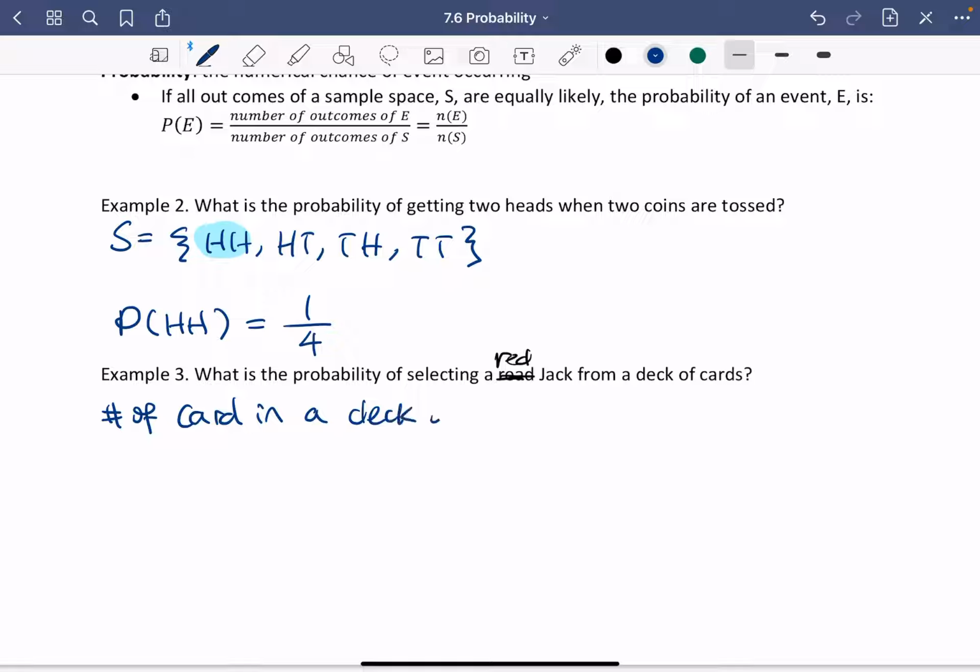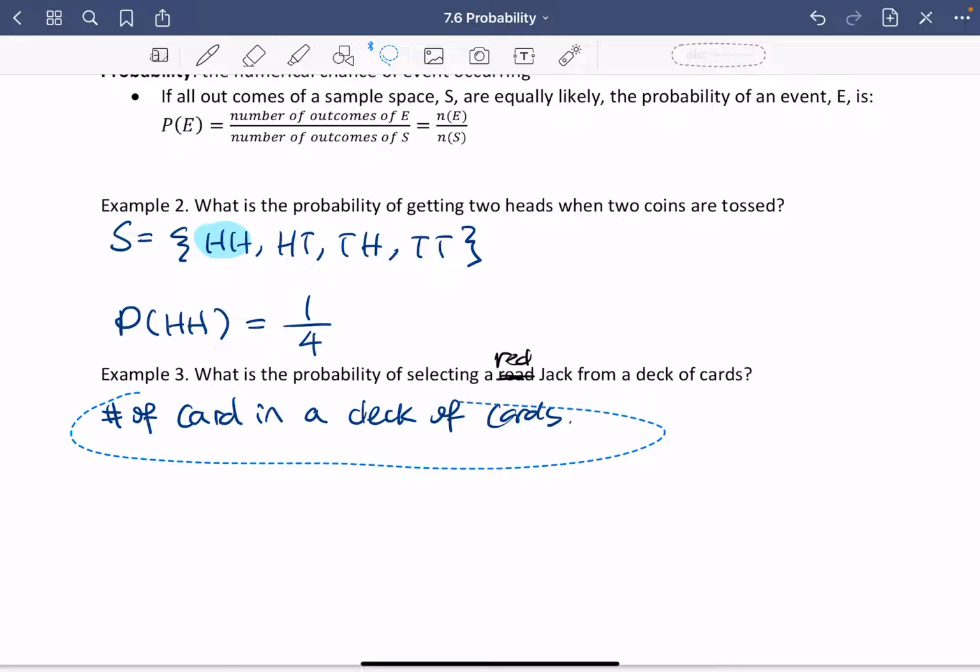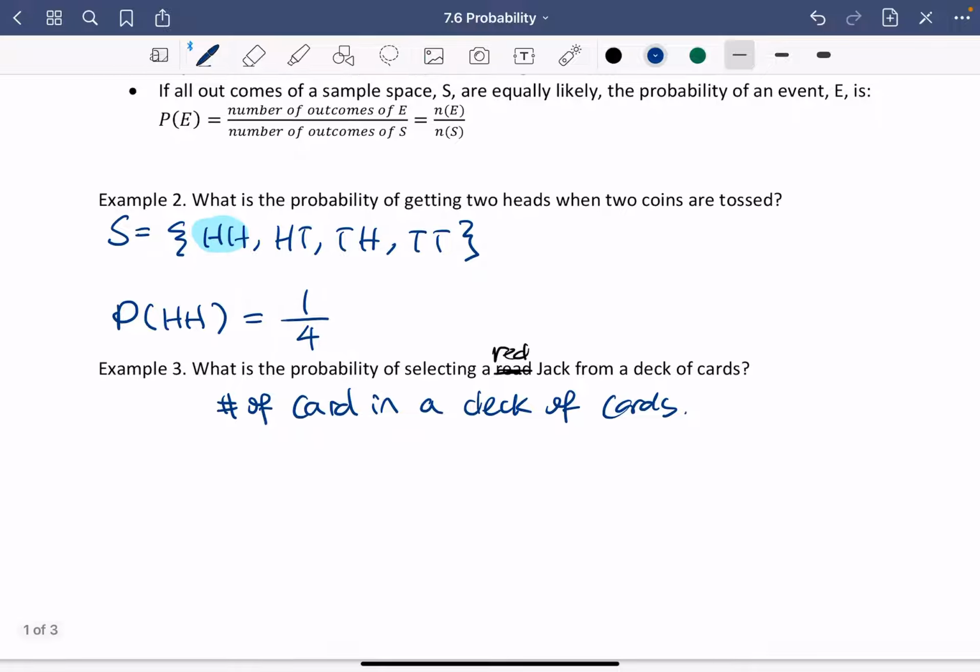This will be our sample space. We know in a deck of cards there are 52 of them.